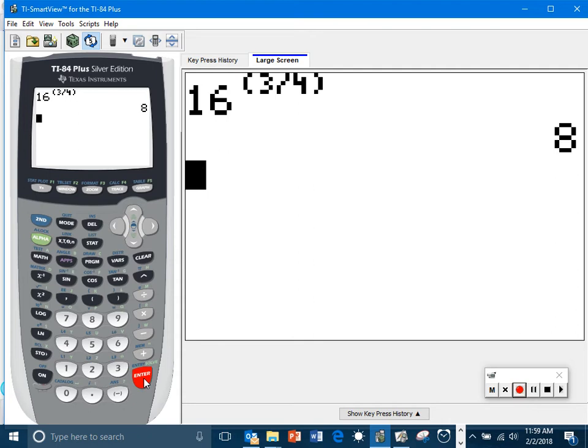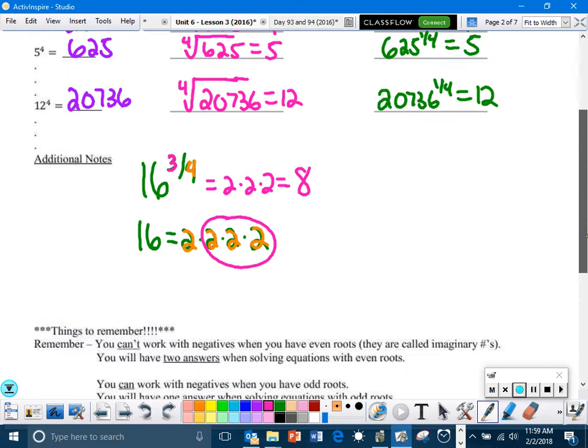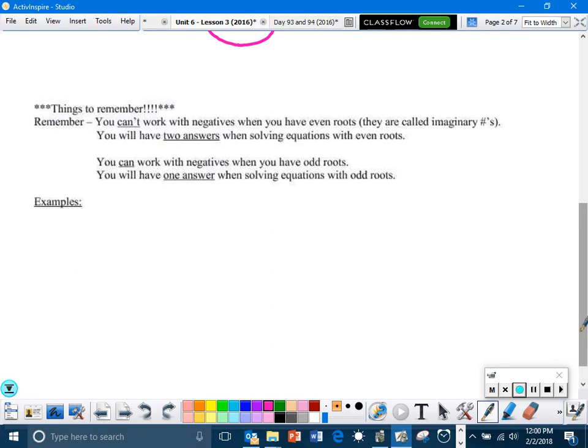Okay, let's go to the bottom of page 2. Things to remember. First one, you can't work with negatives when you have even roots. They are called imaginary numbers. All right, so like the square root of -2. I have not taught you the imaginary stuff at all.